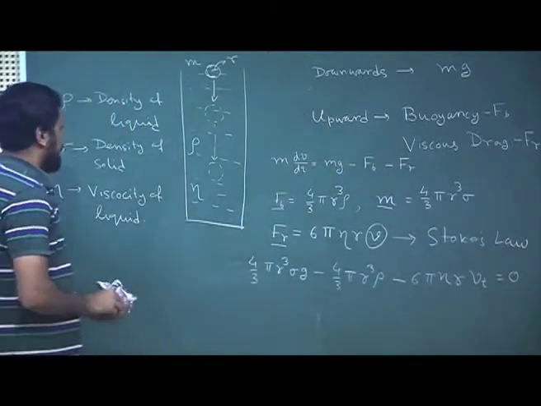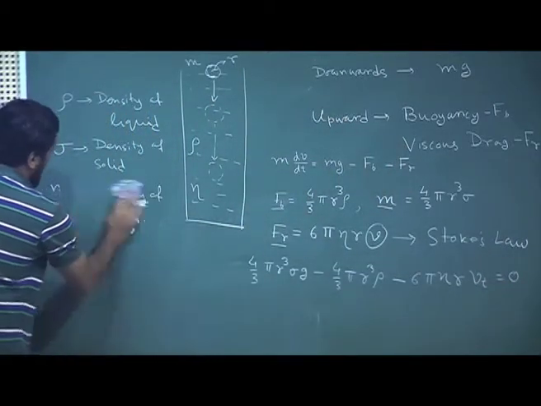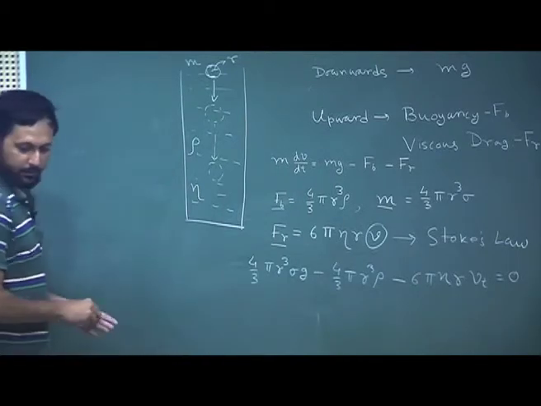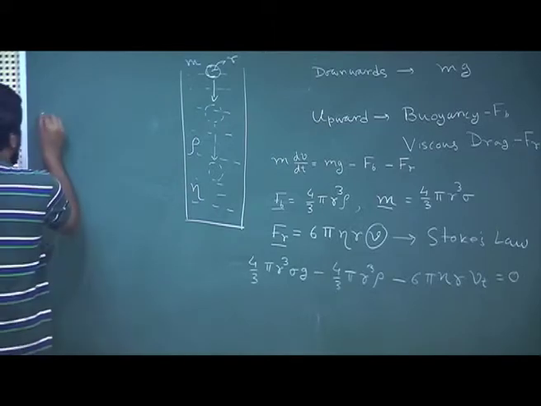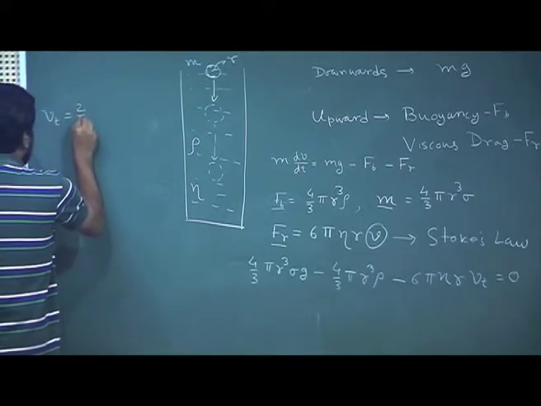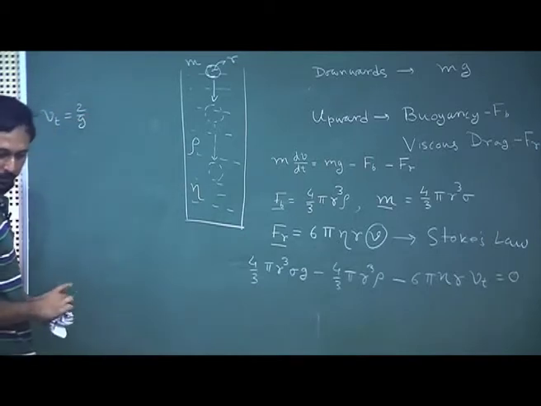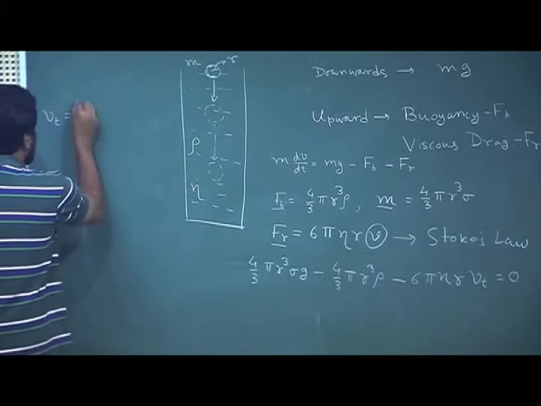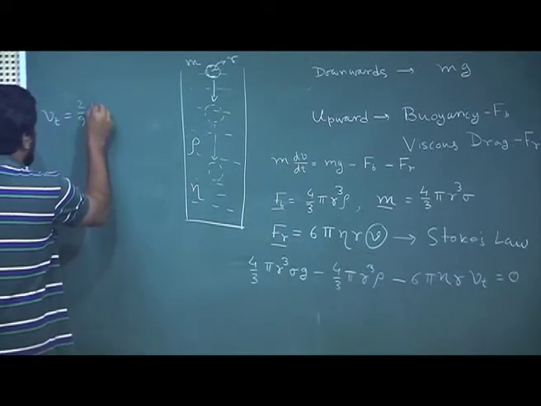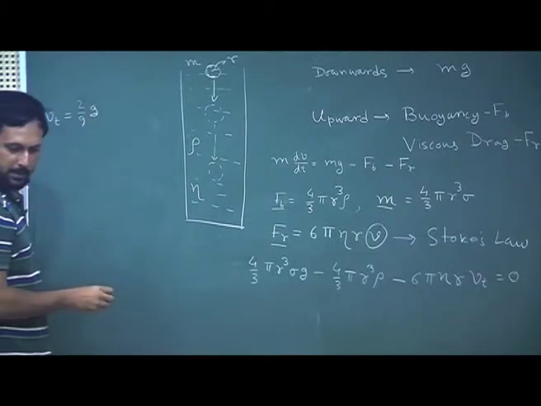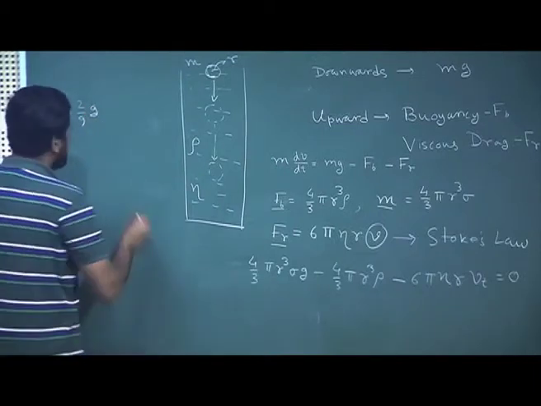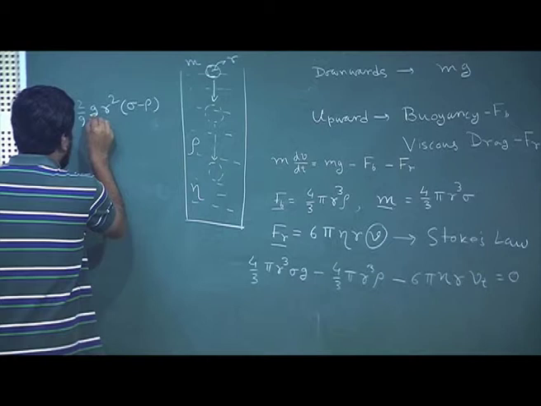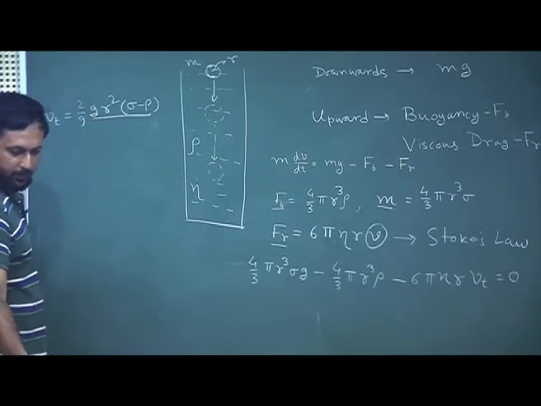Okay. Now, once we simplify this, we get an expression for v t, which is 2/9 g r square (sigma minus rho) divided by eta.